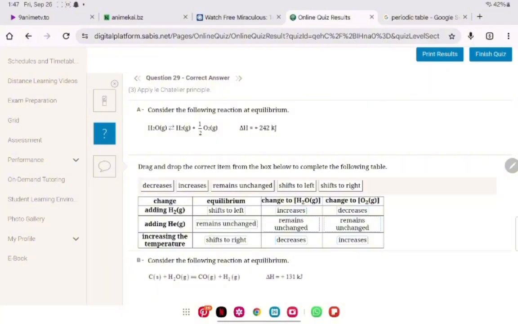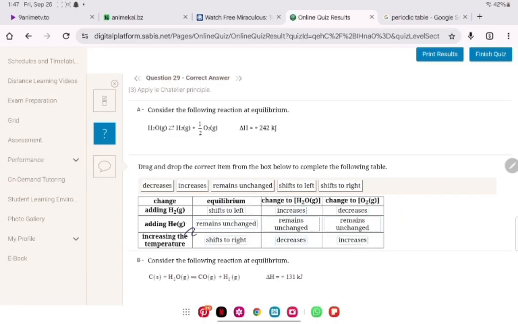Okay, here, adding H2. If you add H2, the system will try to decrease H2. By decreasing H2, you're going to move backwards, so you shift to the left, H2O will increase and O2 will decrease. Now adding He. He is a noble inert gas, group 18, so it will remain unchanged.